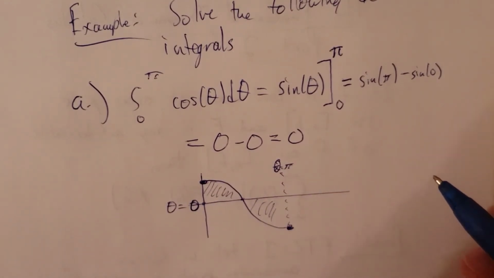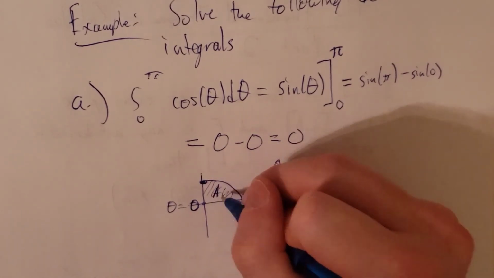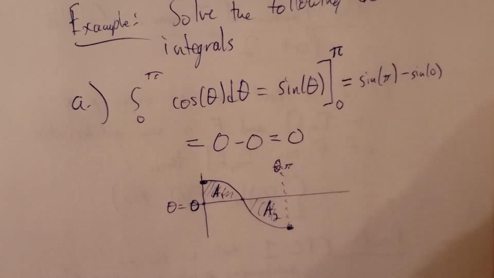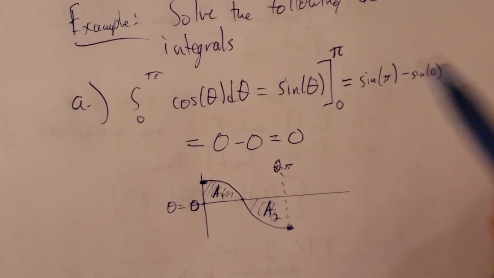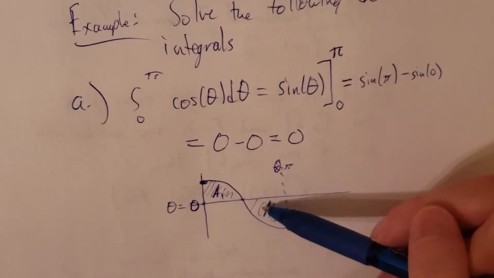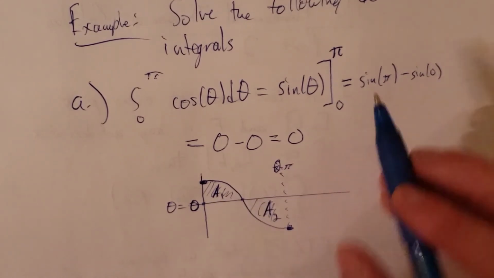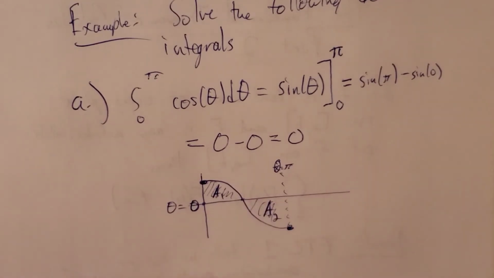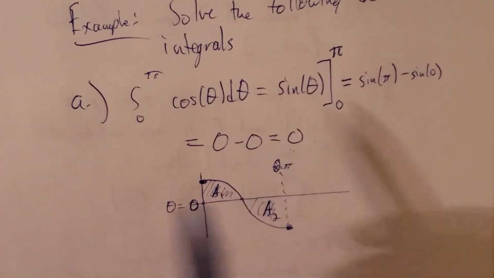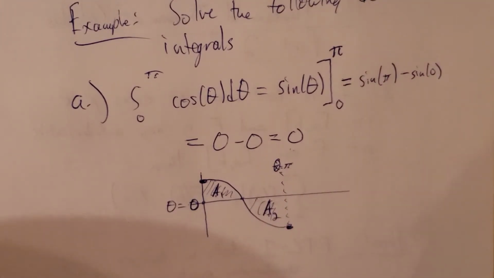But reminder that the area below is a negative and the area above is a positive. And because of what we know about this cosine function, we know that the area in here is equal to that. So in fact, the definite integral is A1 minus A2, but those are equivalent, so we should get 0. And that's exactly what we calculated here using our fundamental theorem of calculus part 2.